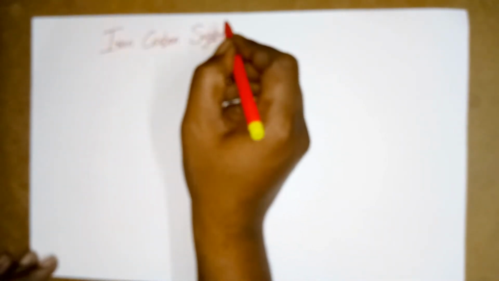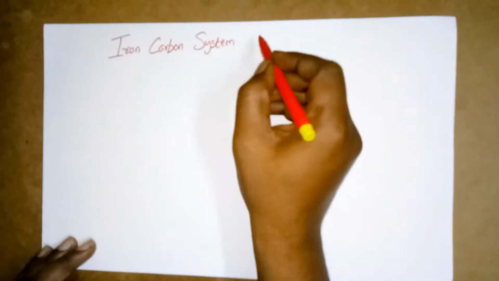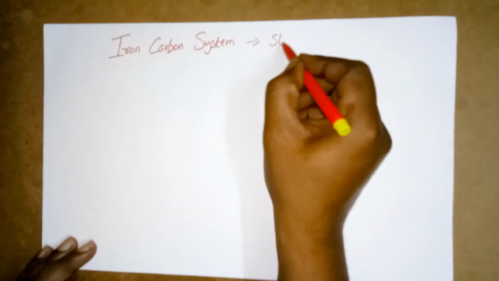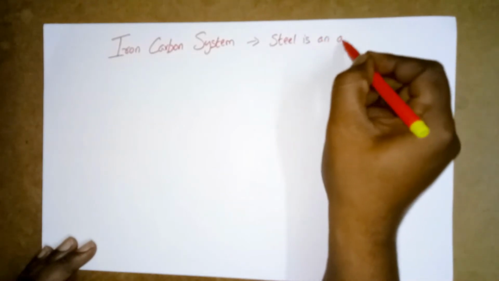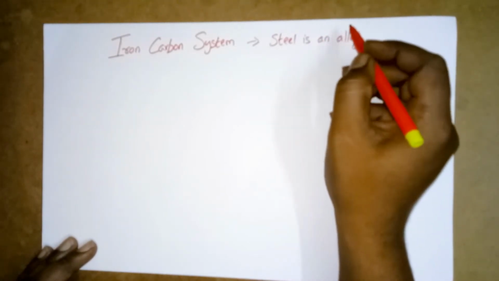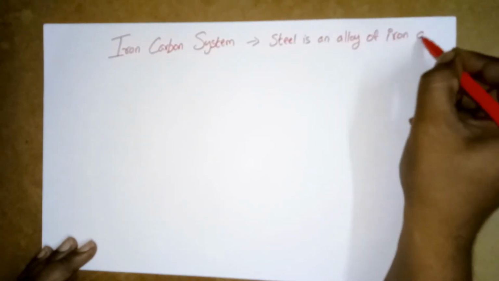In this iron carbon system, metals and their alloys are widely used in industry. Steel is an alloy of iron and carbon.